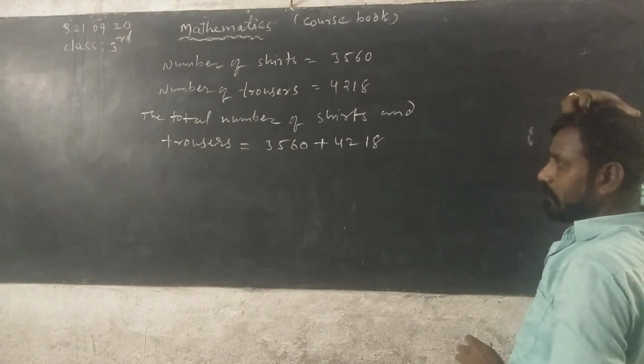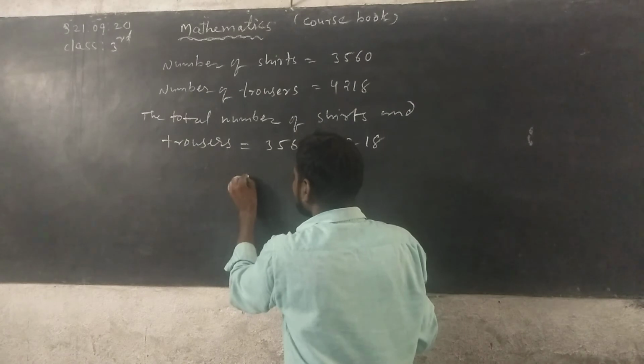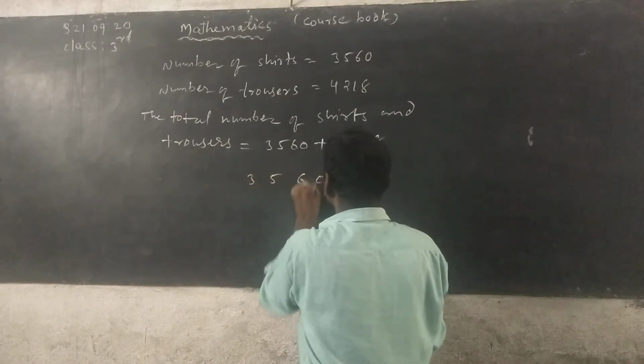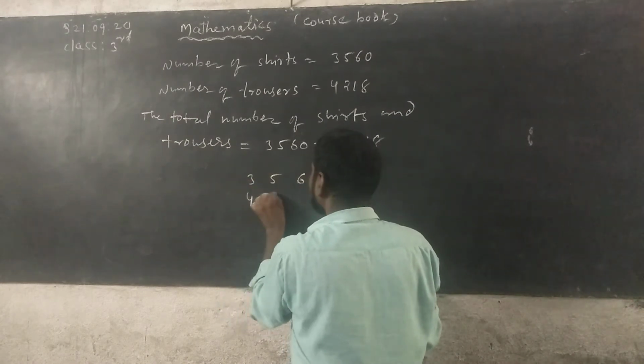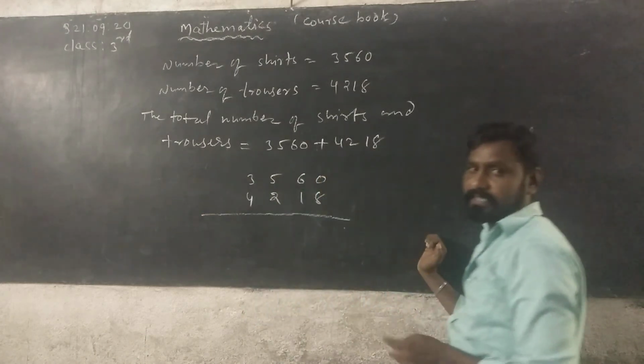So everybody write down the given two numbers column wise. 3,560, 4,280. See, first we add the digits in the ones place.